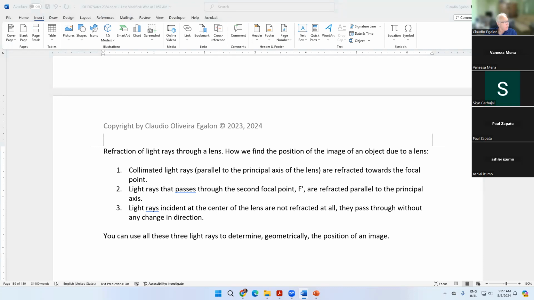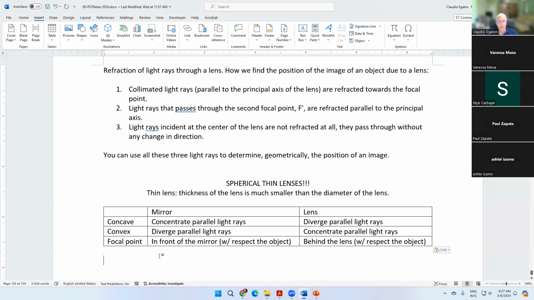So I'm going to summarize here. I'm going to come up with a table that compares mirrors and lenses. Okay. Thin lens.